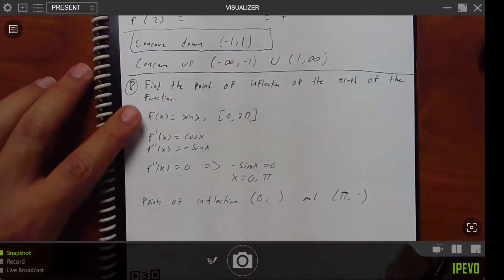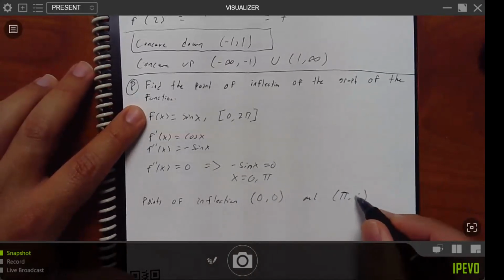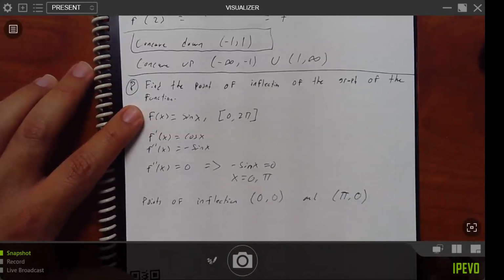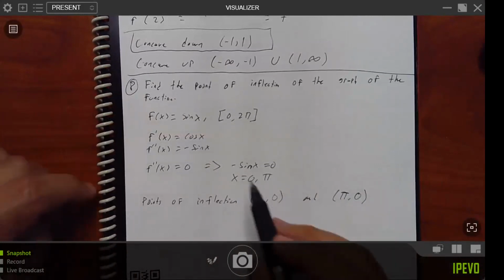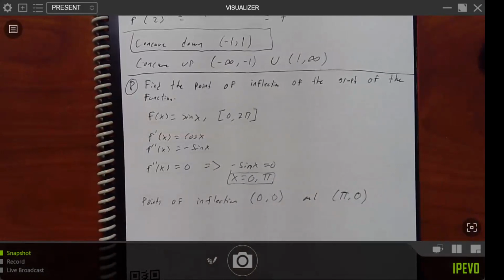If I plug it into the original, I would get 0 and 0. But these are the x values that do that. So if you give me the x values or the points, either way, it's fine.